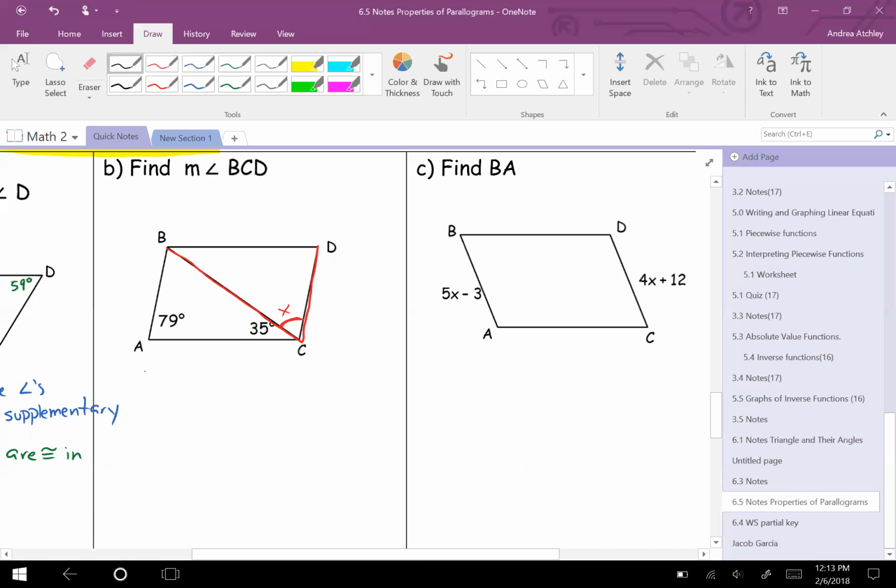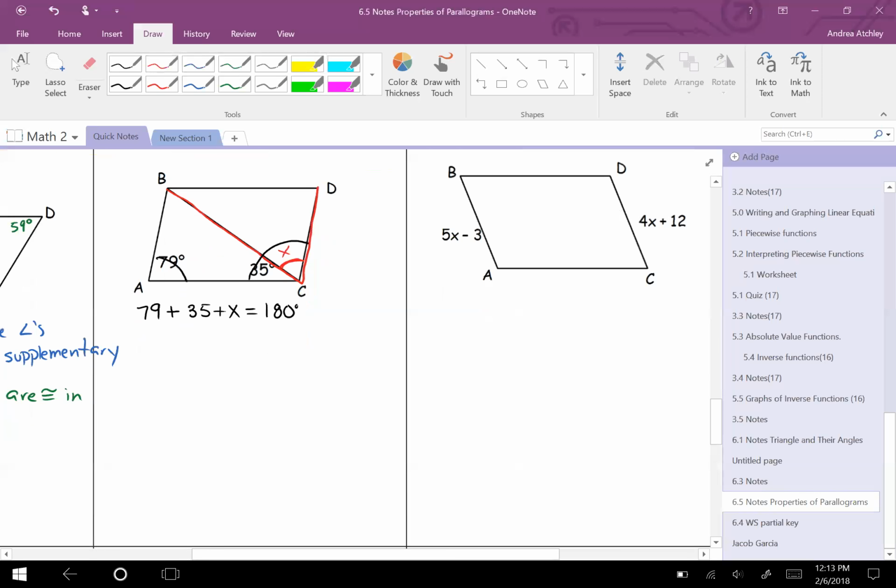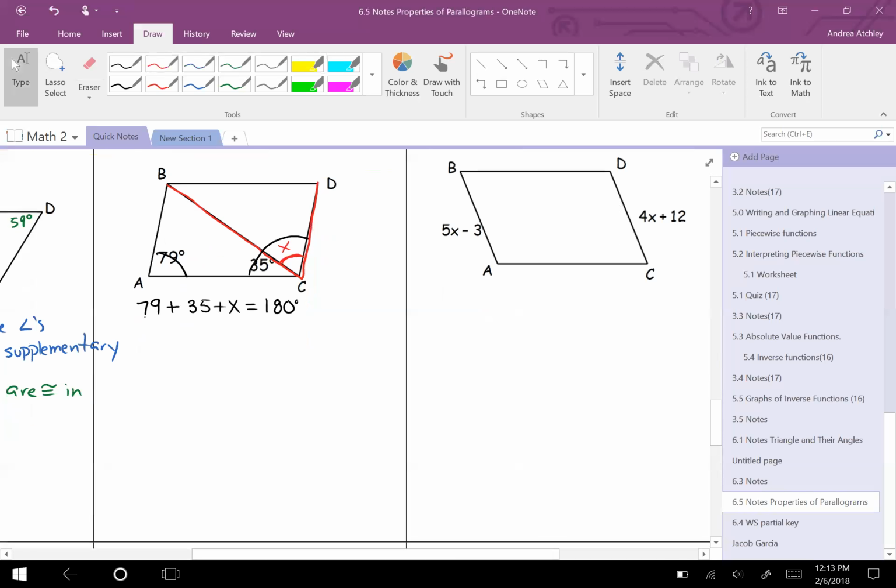So I can do 79 plus 35 plus X equals 180. Because this angle and this whole angle together are supplementary because they're consecutive angles in a parallelogram. So then we're going to combine our like terms. And that's going to give me 114. Is that right when I add those two? I'm going to subtract 114.